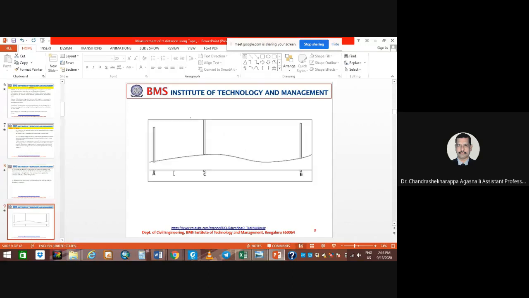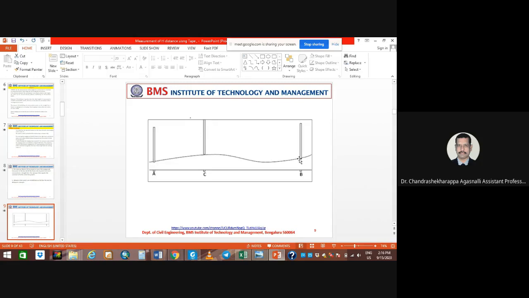So here are A and B, right? Here you can see this is the actual distance. This is a little bit undulating topography. It's not exactly flat land. When you stand here, this point may not be visible.